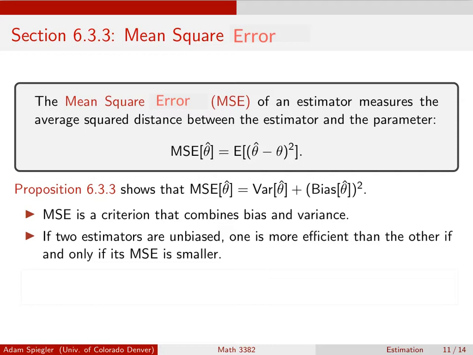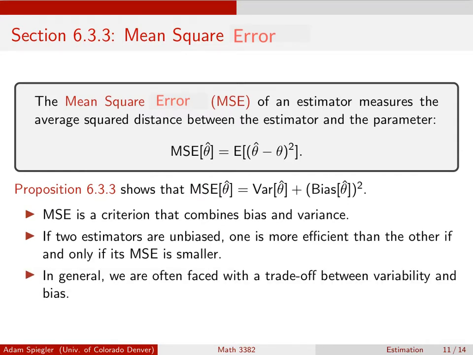And if we have two unbiased estimators, this is not going to contradict anything that we looked at in the previous example, in the sense that if we have two unbiased estimators, the estimator which has a smaller MSE is also going to be the one which is more efficient, because if the bias is equal to 0, then the smaller variance is going to lead to the smaller mean square error.